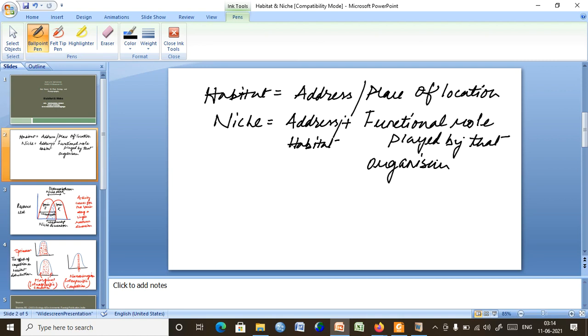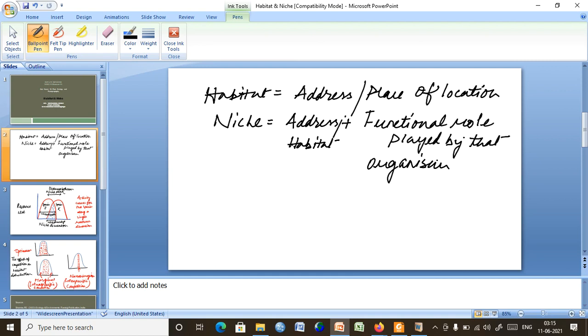So in this way, we can understand the role and importance of various environmental constraints and the gradients to establish a particular organism. They are very much pivotal, and they can differentiate various types of habitats.